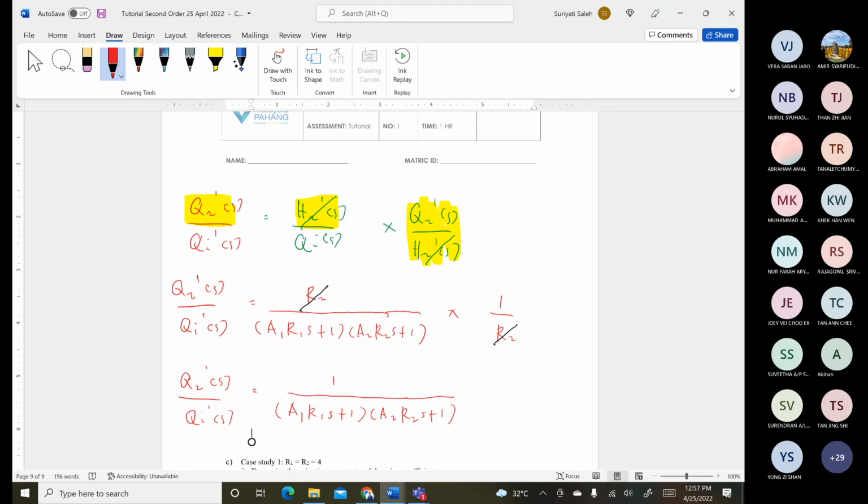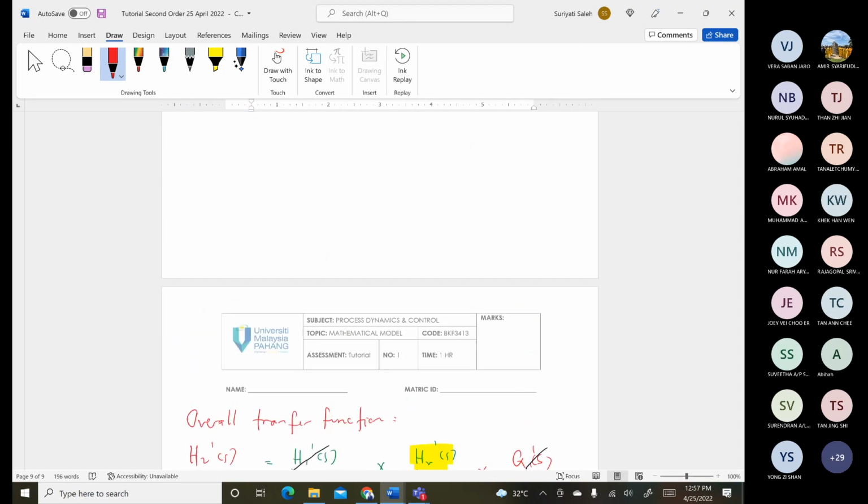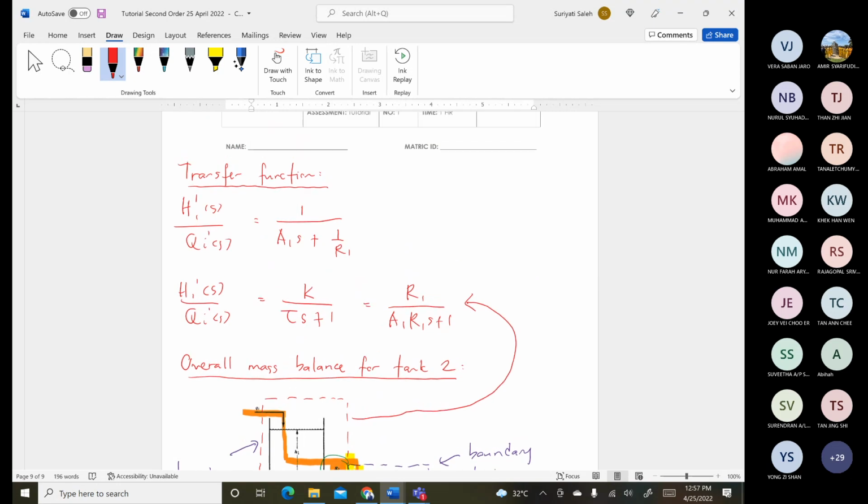So this is the function of the valve relationship. For this part, when we have multiple tanks, we will do it one by one. If we do it for a single tank, this is our outcome. Normally, a single tank will produce a first order process.